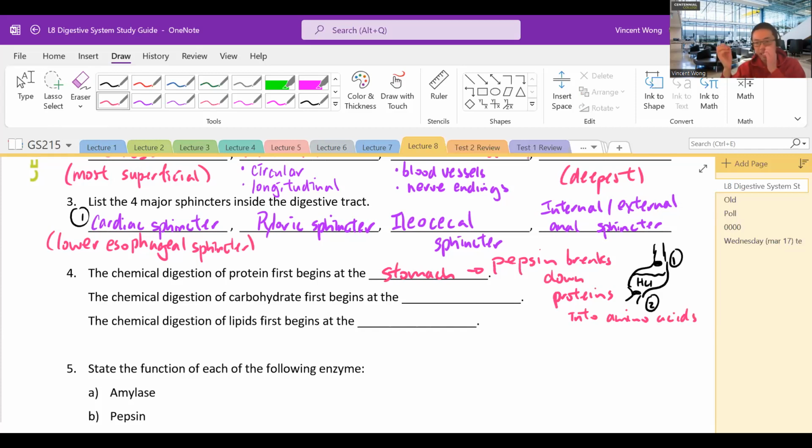Not necessarily individual amino acids, it could be chains of amino acids, shorter chains, but that's where the chemical digestion first begins. We don't have enzymes in the mouth, in the saliva, that break down protein. But in the mouth, we do have enzymes for breaking down carbohydrates. Right? We have amylase in the saliva. So chemical digestion of carbohydrates begins at the mouth.